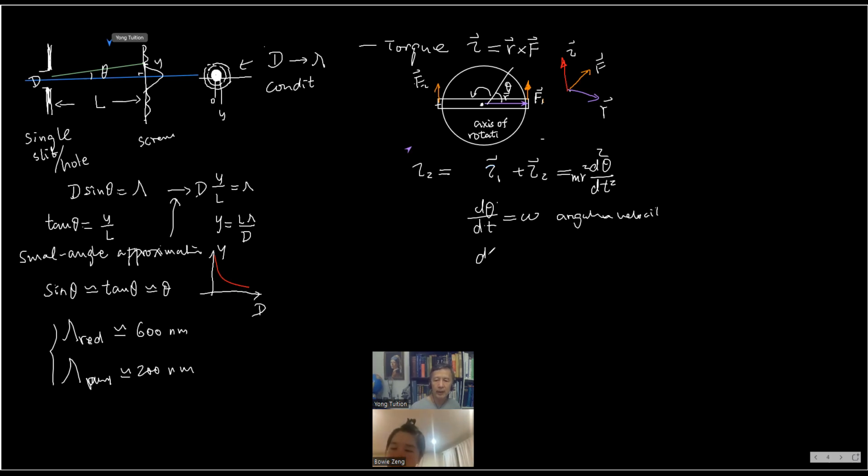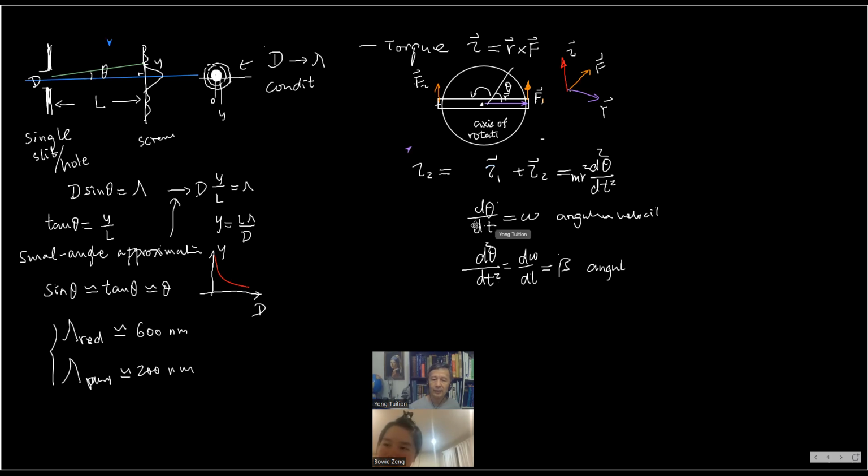And the second derivative of theta, or the first derivative of omega, will give you the angular acceleration. Sometimes they use beta to differentiate that. They call it angular acceleration. All right, we'll continue next time.